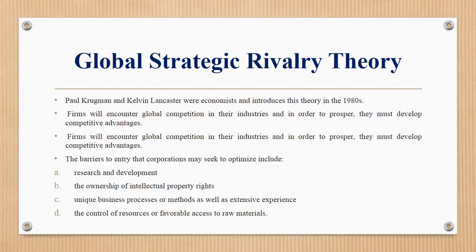These barriers are basically the obstacles that a firm will face globally when they enter the market, and the barriers that companies and firms may try to optimize are mainly research and development, the ownership of intellectual property rights, economies of scale, unique business processes or methods, extensive experience in the industry, and the control of resources or favorable access to raw materials.